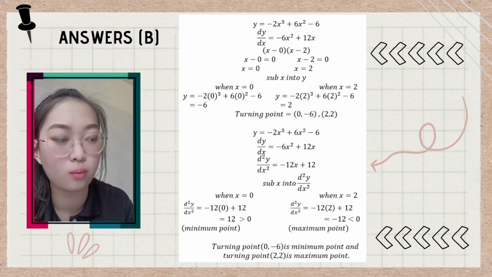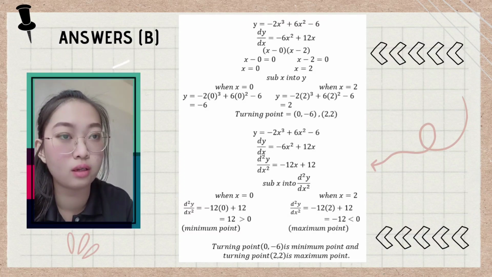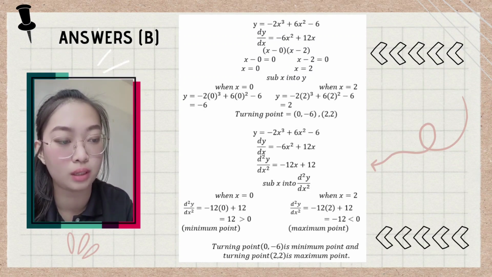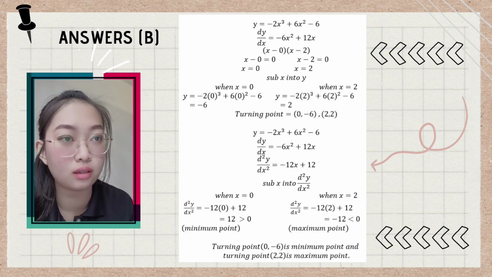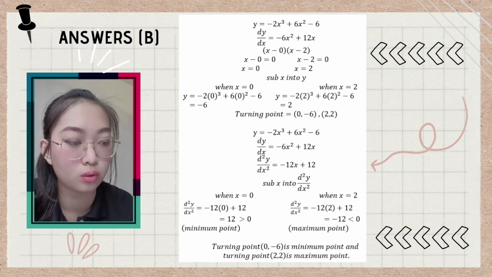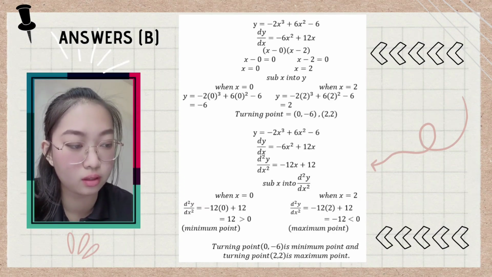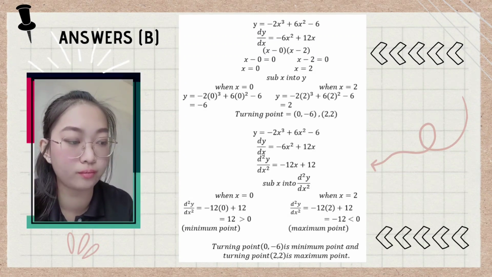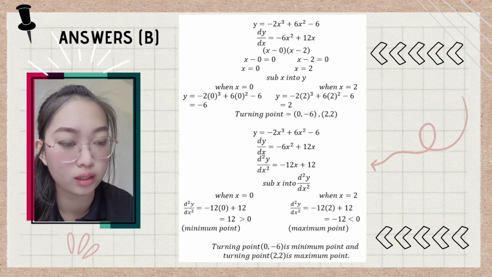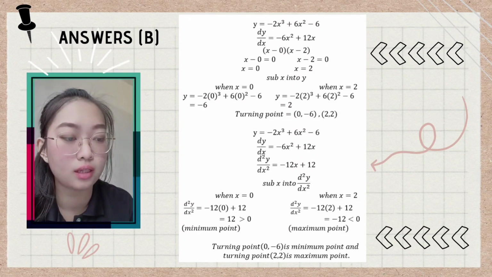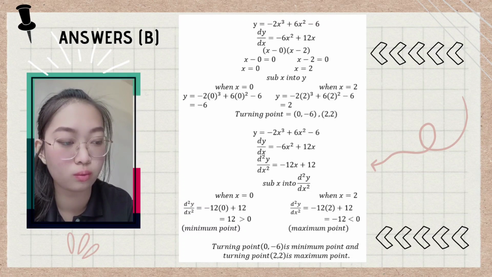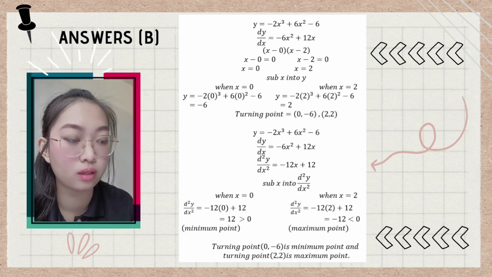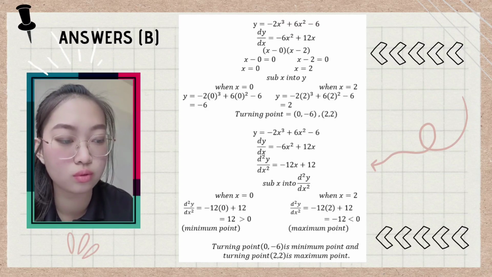Because it is positive, the turning point x equals 0, y equals negative 6 is a minimum point. Then we substitute x equals 2, and d squared y over dx squared equals negative 12. Because it is negative, the turning point x equals 2, y equals 2 is a maximum point. So in this graph, we have two turning points in total.